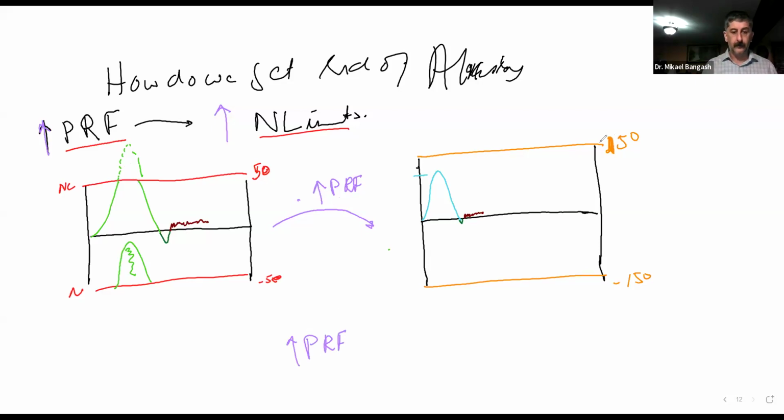But the other effect is that it's going to be less sensitive to low Doppler shift. Did that make sense?